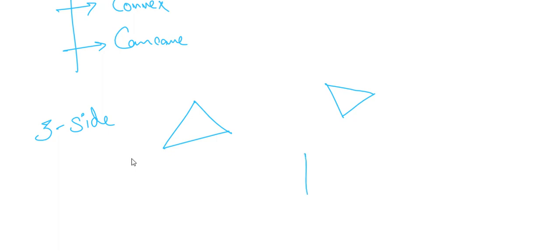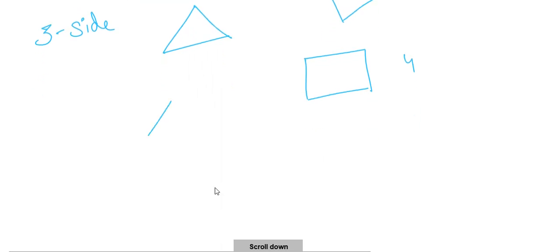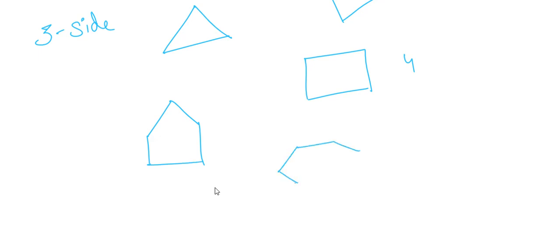As well as I can use four sides, and I can also use five sides for a closed polygon, as well as six sides for a six-sided polygon. Seems clear? And further you may extend up to infinity.